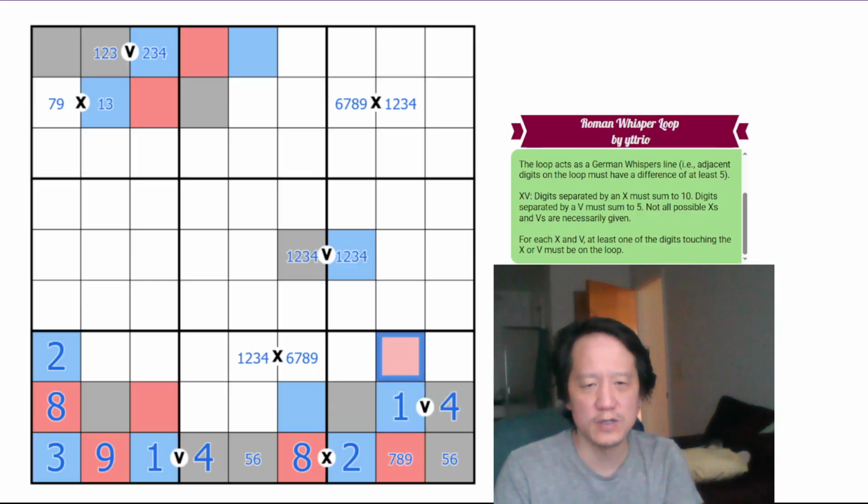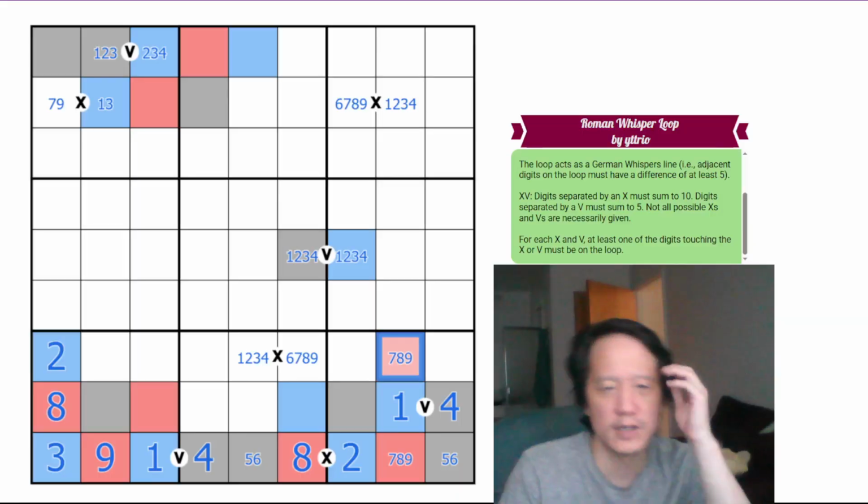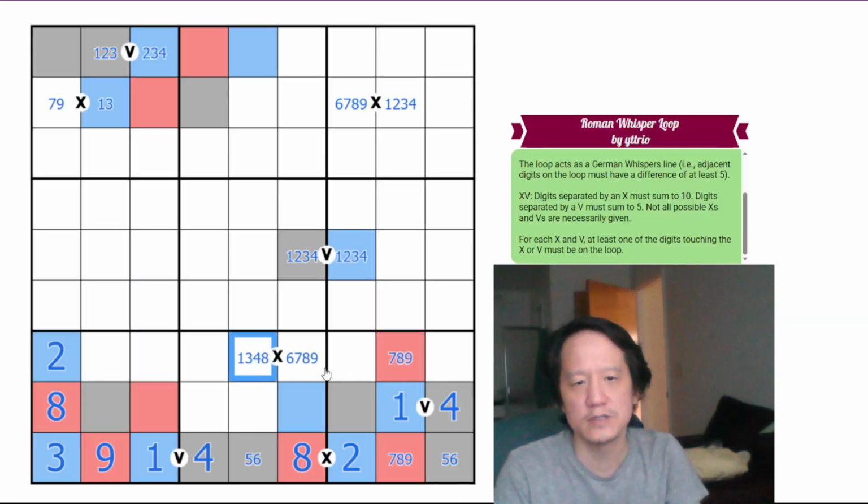This digit is going to be next to 2 unique digits on the loop. It goes either here, here, or here. But these all see the same cell as this one. So this is 7, 8, or 9. It cannot be 6. This can't be 2 and 8.